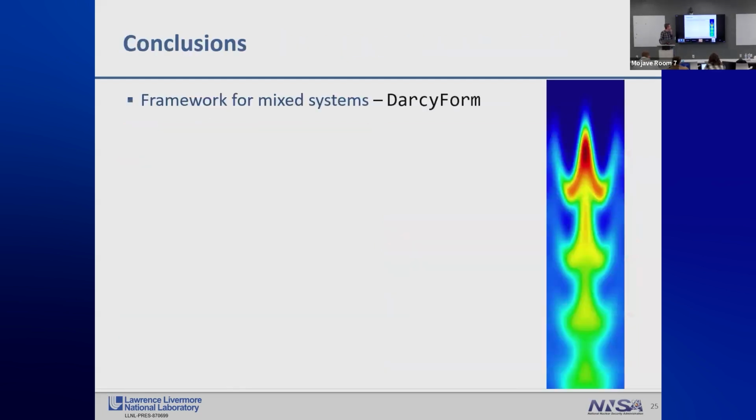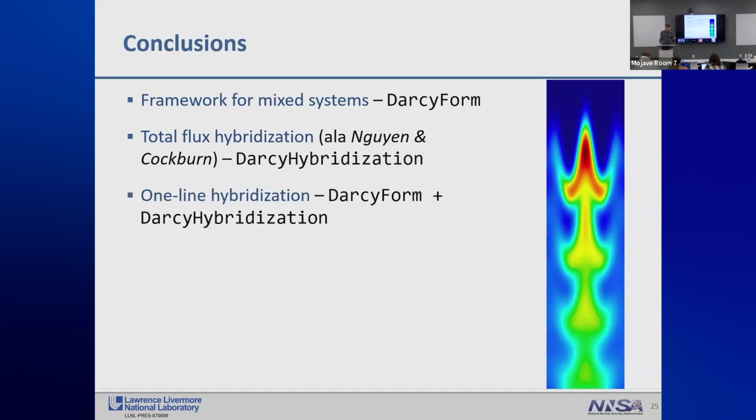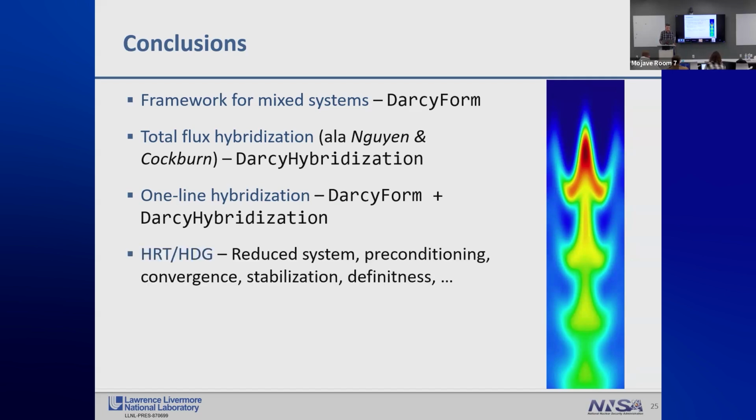Okay, so in conclusion, I introduced the framework for mixed systems based on the Darcy form. Then also the method of total flux hybridization, for which the methodology is by Cockburn, and this combined together gives us the one-line hybridization. And thanks to that, we enjoy all the benefits of HRT or HDG methods.